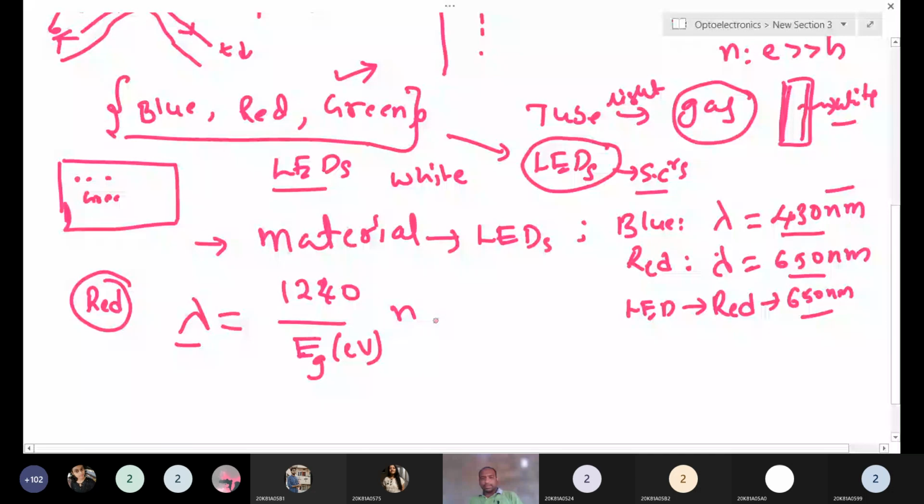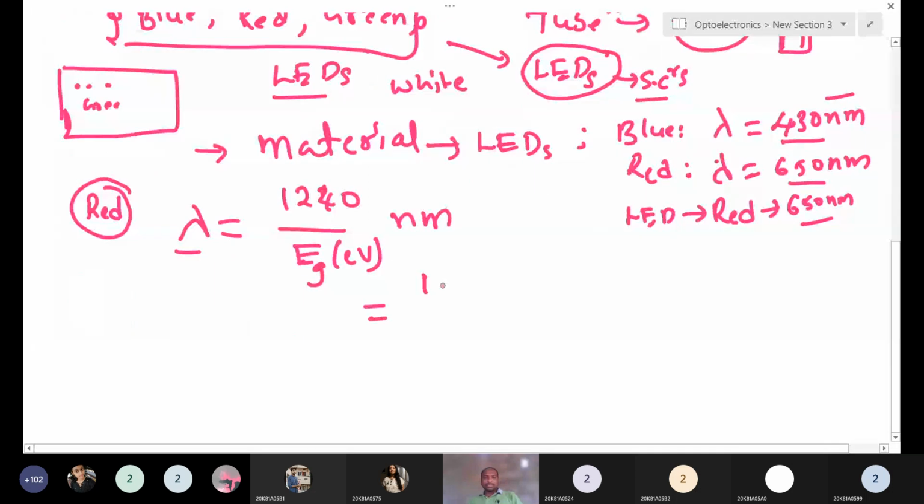Here also this is 2 electron volts, and this is also 2 electron volts. P, N, N. We are taking 2 electron volt material and 2 electron volt material. Once we make these two semiconductors, electrons will recombine with holes and emit the photons.